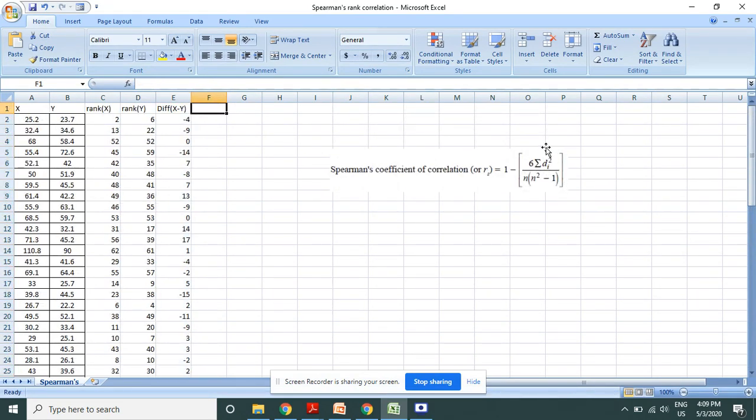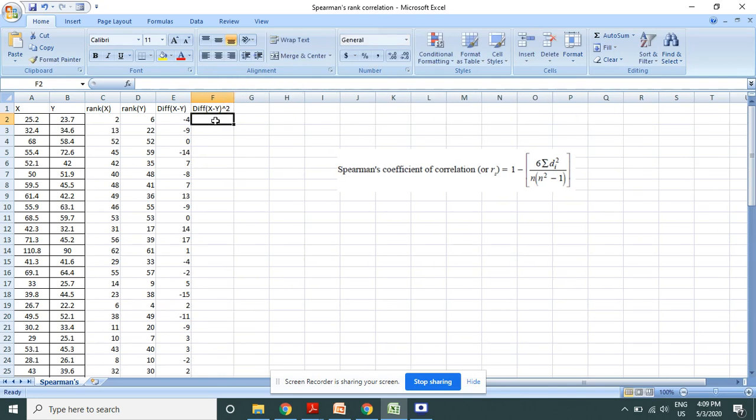Here we have to use the square of the difference, di square. So you can write here di square here.